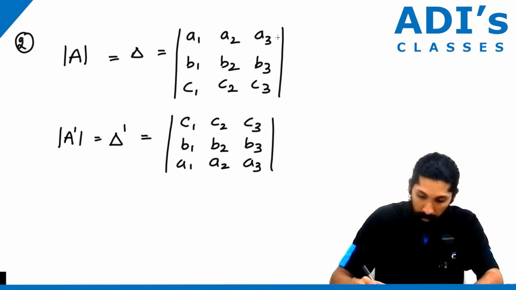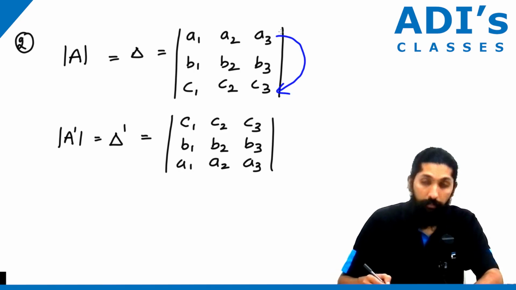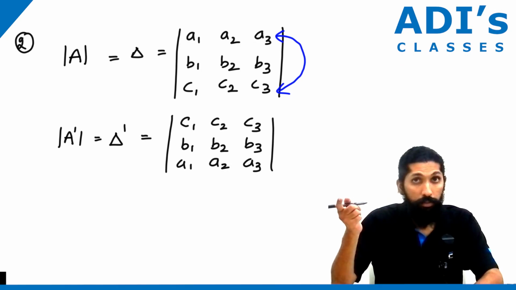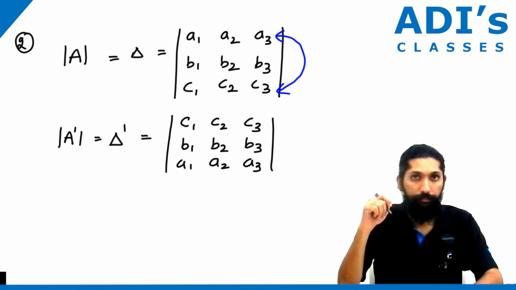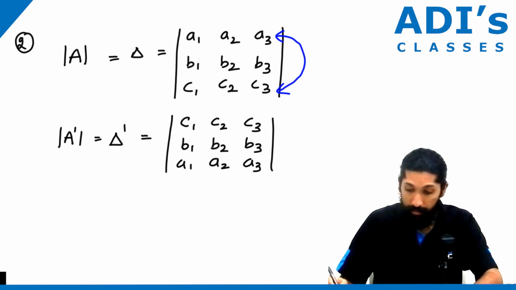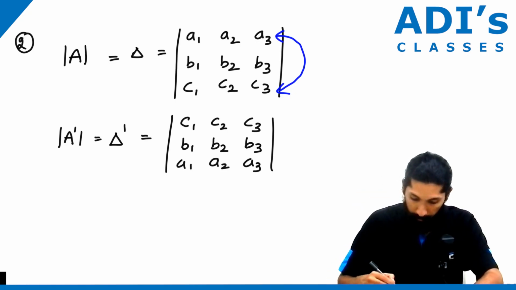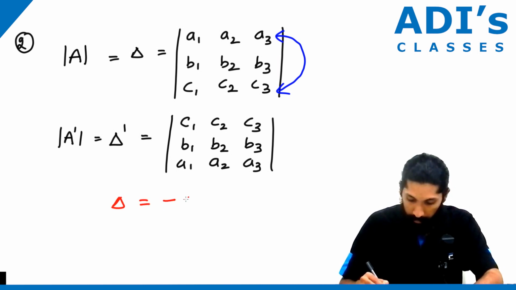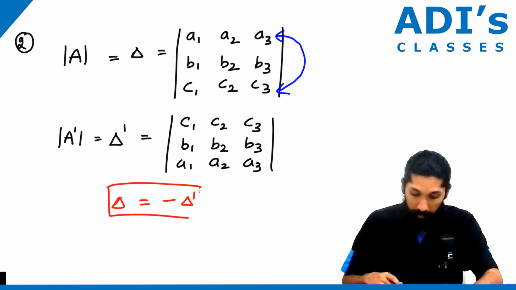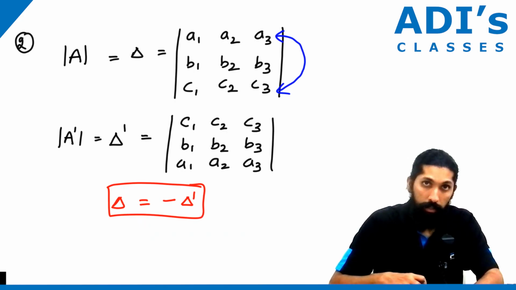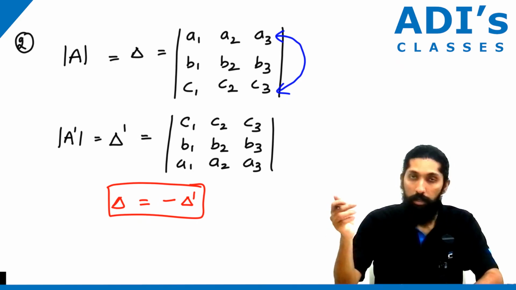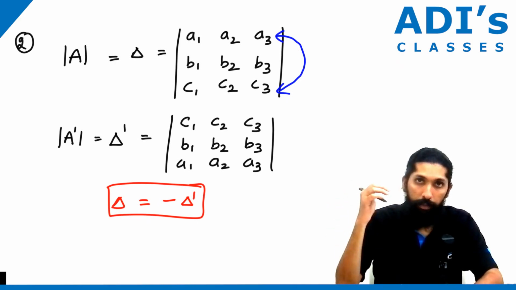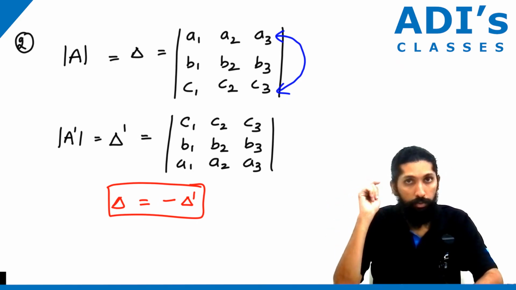We interchanged these two rows, correct? You can also do interchanging of the columns. Now what exactly happens here is that the value of delta is equal to minus delta dash. The determinant changes the sign. We'll look into the example in the upcoming videos as to how and why this is true.